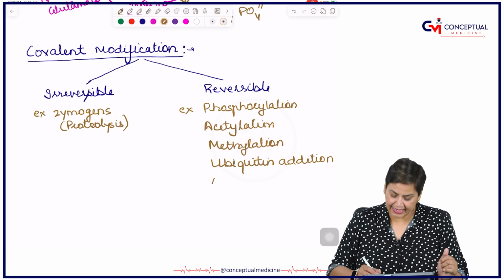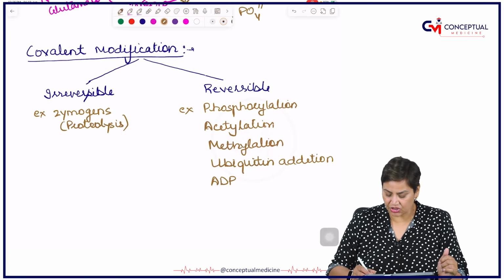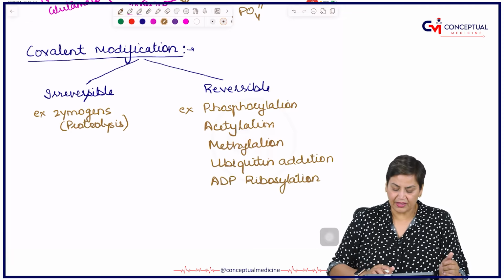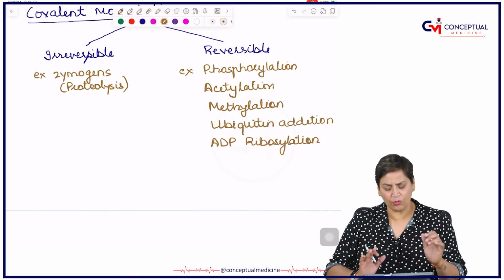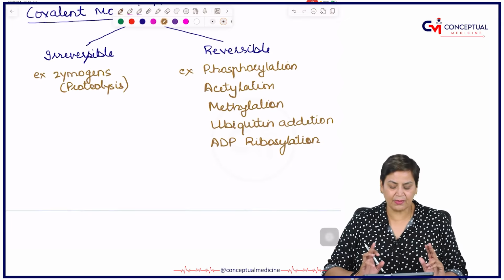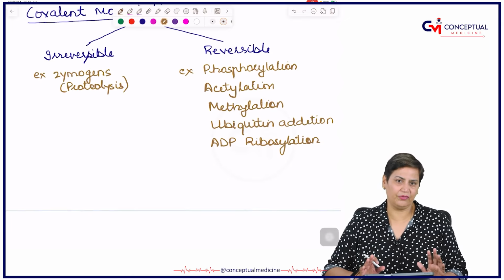One more is ADP ribosylation. So these are the five most important reversible types of covalent modification.